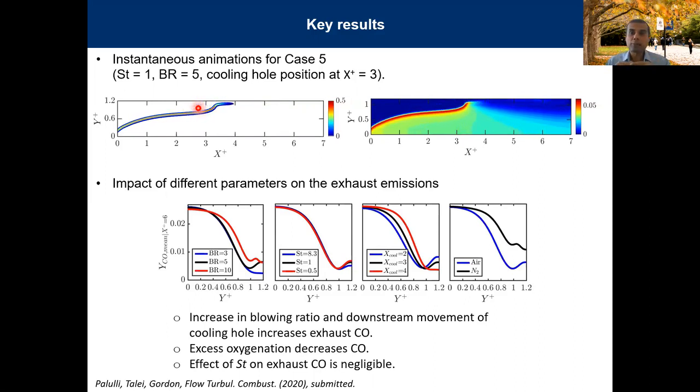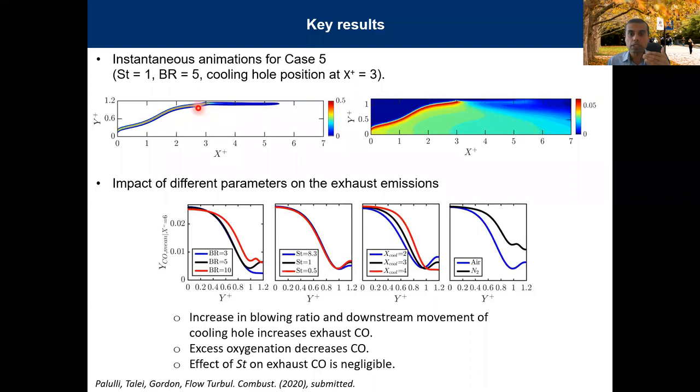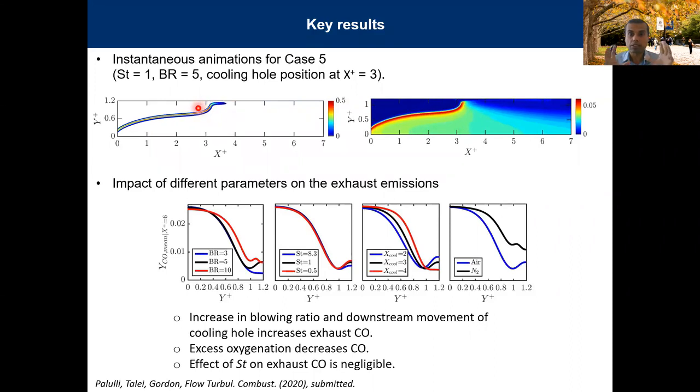And this has an inverse effect on CO oxidation, because the more air you blow into the flame, you get more oxidation of CO, okay? But it seems that the jet dynamics play an important role here, and the exhaust CO emission will be impacted a lot as a result of that jet dynamics.